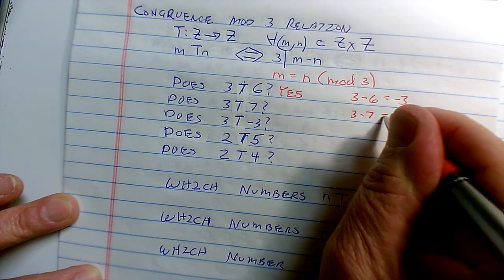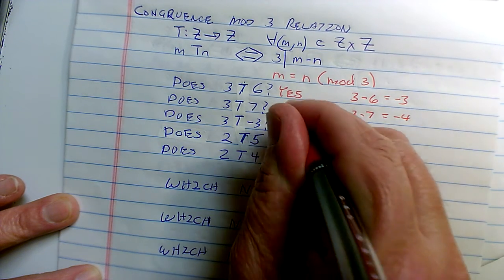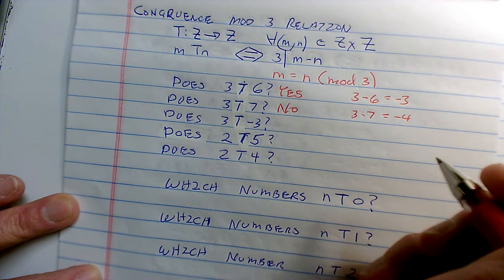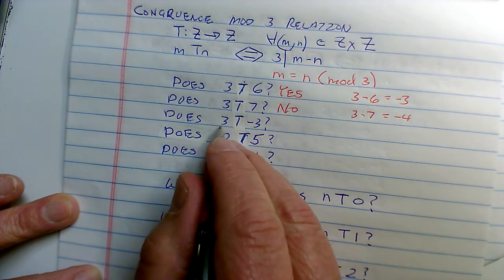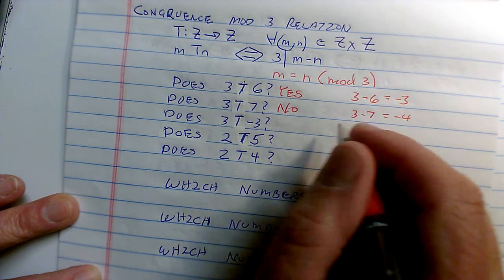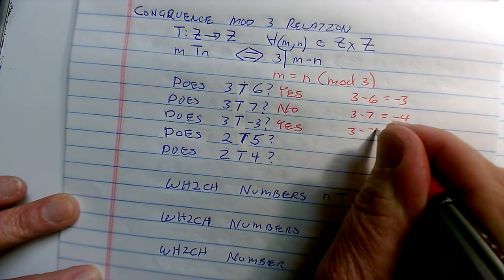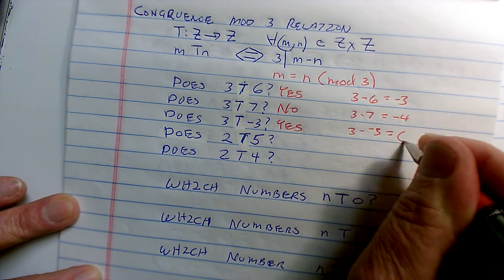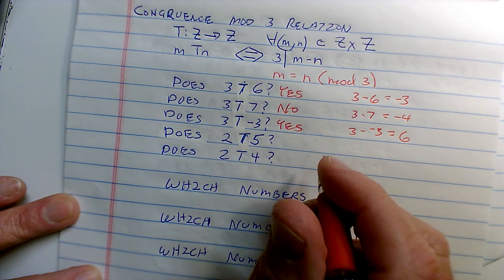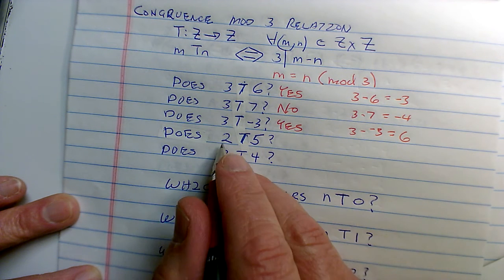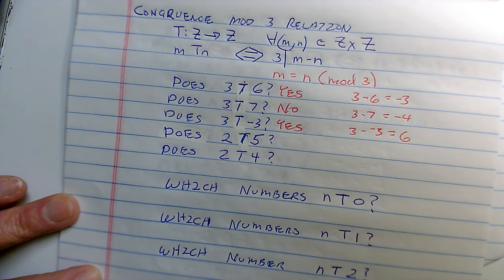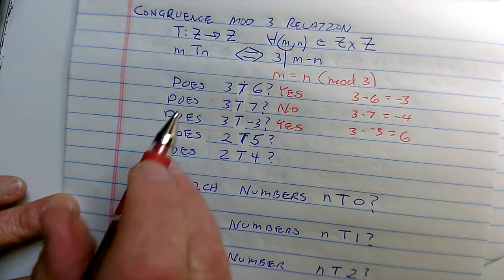Well, 3 minus 7 is negative 4. That's not divisible by 3, so that's a no. Does 3 T negative 3? Well, that one's a yes, because 3 minus negative 3 is 6, and that is divisible by 3.